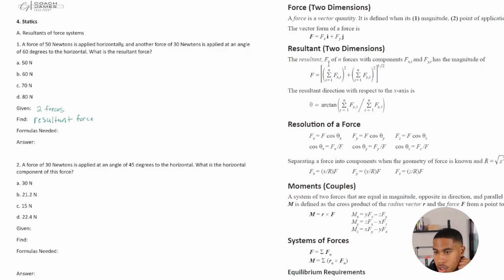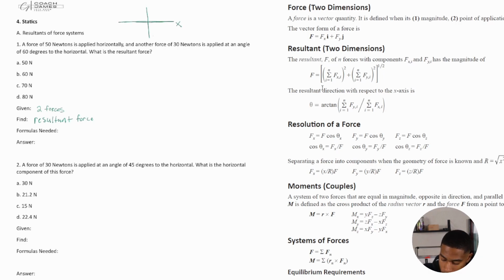So do we know the sum from the information that we're given? Can we find the sum of the forces in the X, the sum of the forces in the Y, put them into this equation and get F? I think that we can. So let's draw this out, just from a diagram standpoint. I'm just gonna draw an X and Y axis.